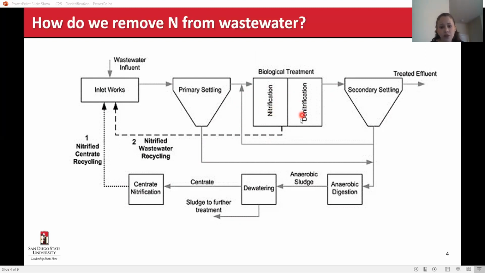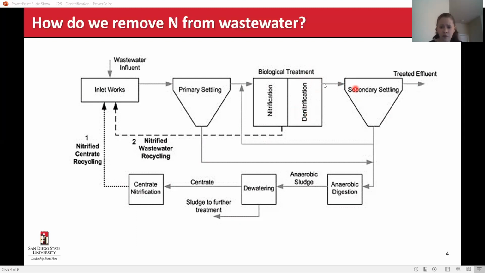And so once we do nitrification, we get most of our nitrogen in the form of nitrate. We can go to this denitrification tank and we can remove the source of oxygen. And here we will maybe possibly add some carbon source to it if needed. And we'll force the nitrate to be converted all the way to nitrogen gas for release.